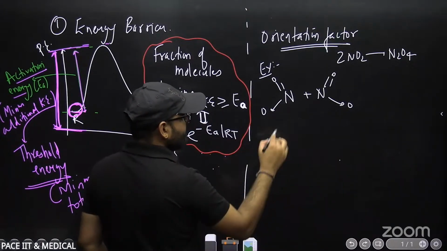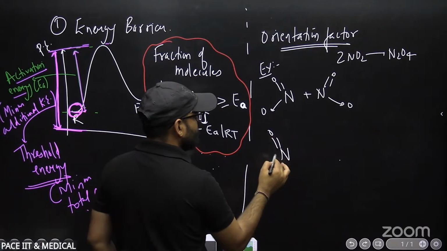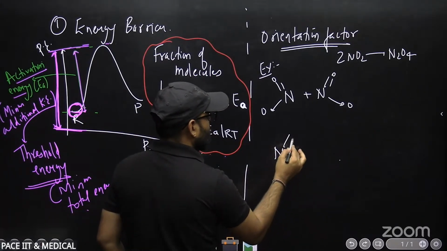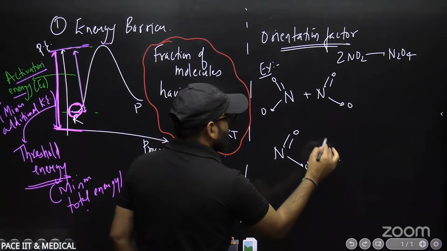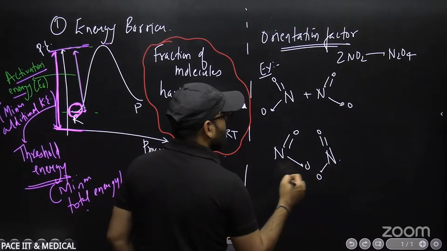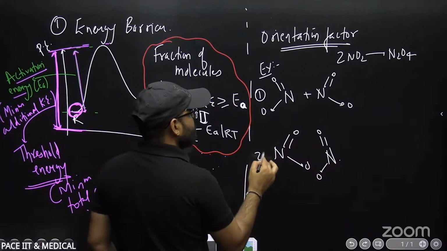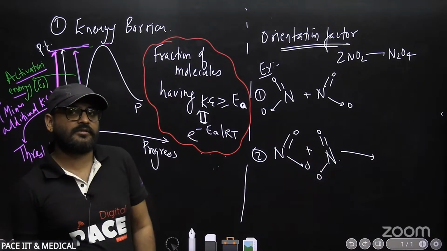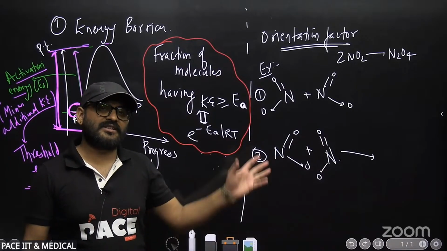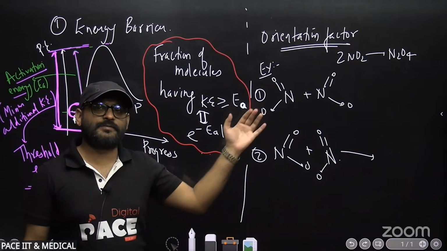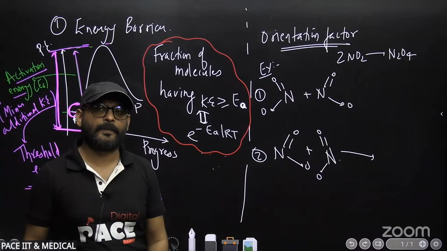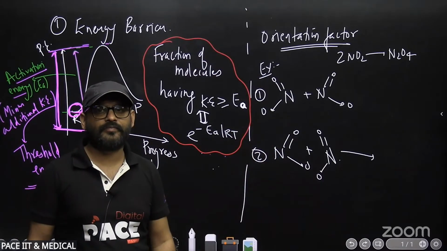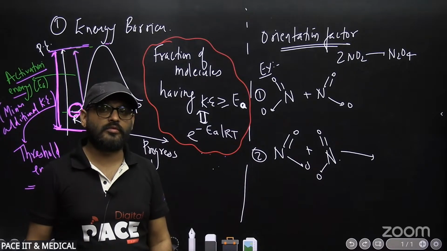One orientation is this and another one is this; this is one, this is two. Can you tell me which one is the proper orientation for this reaction? Just common sense. By which orientation will this reaction take place, by one or by two?